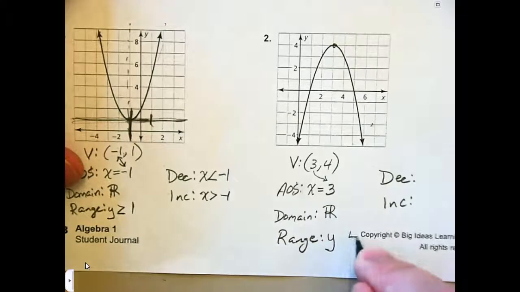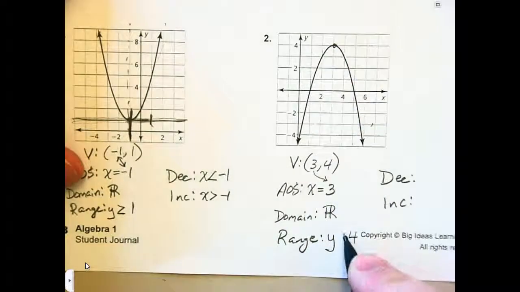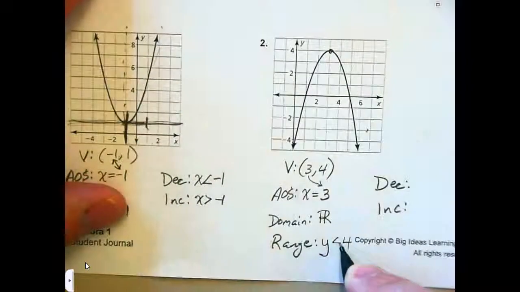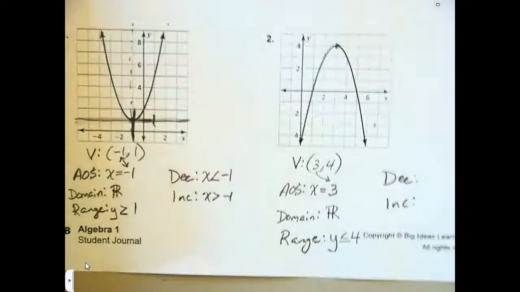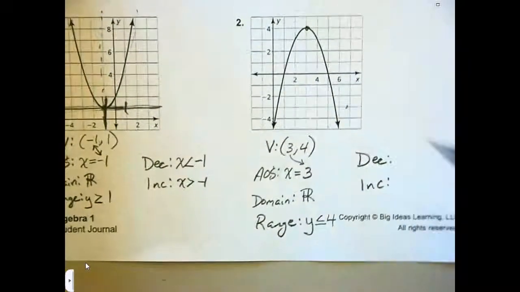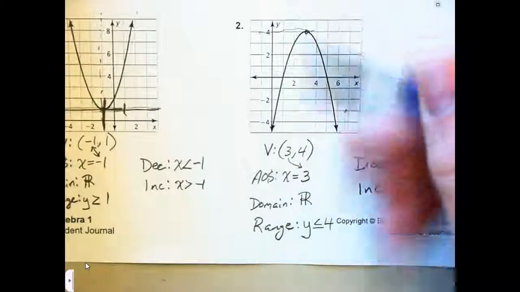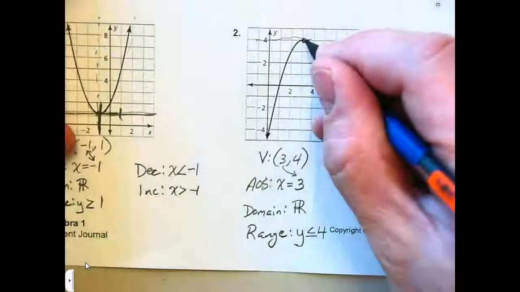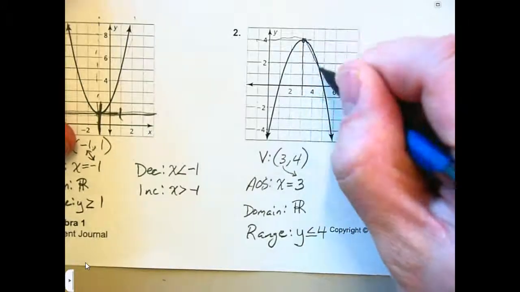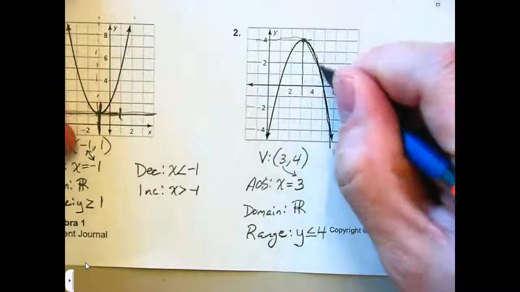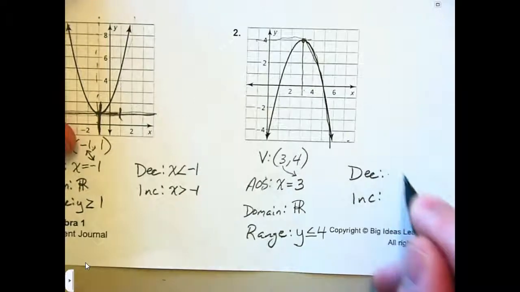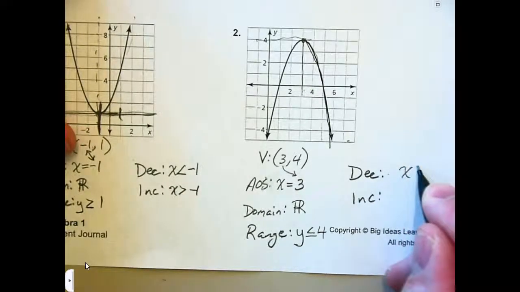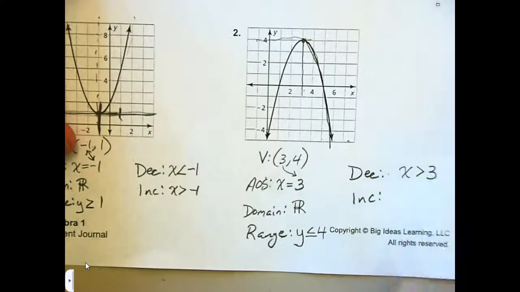Range starts at 4 and it goes downward. How many got that for your range? Well done. Right here, it falls, or decreases. It's decreasing on this side of the axis of symmetry, so it's decreasing when x is greater than 3.